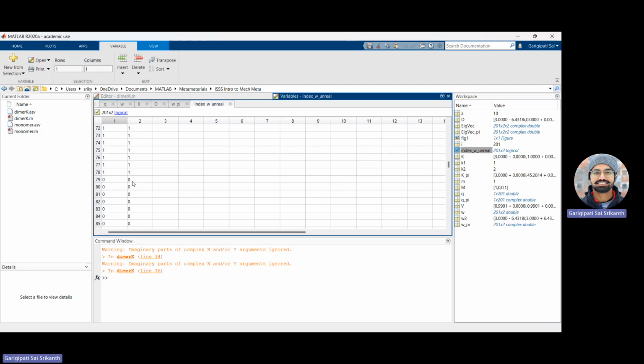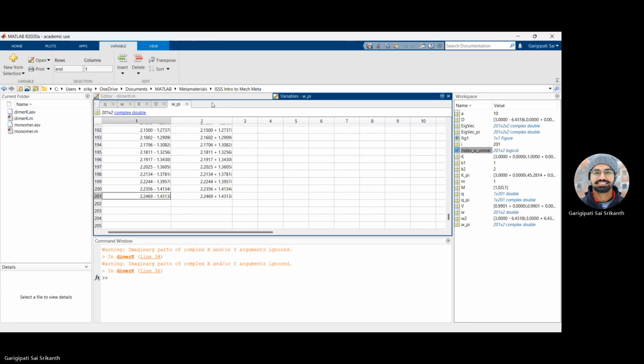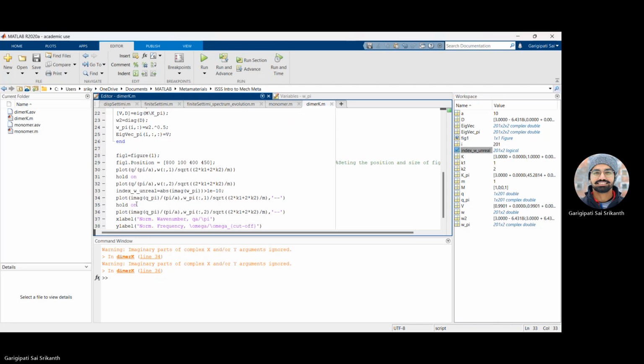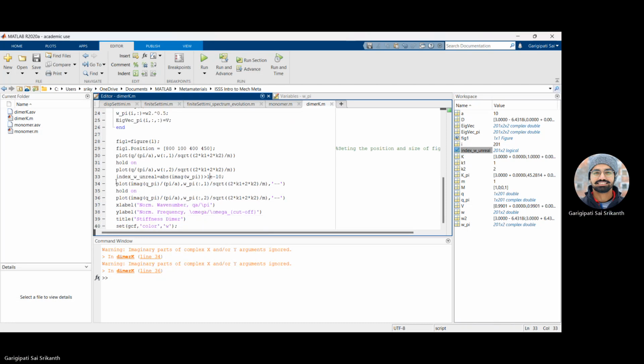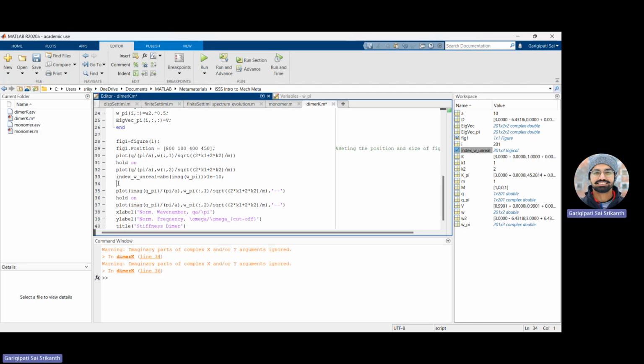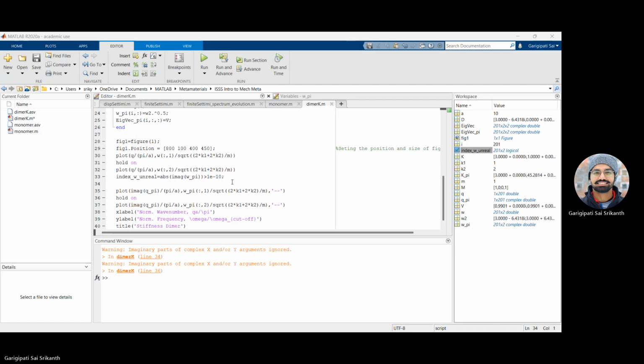So what we need to do is, for the first row, we are going to use some functions here. We'll use find.